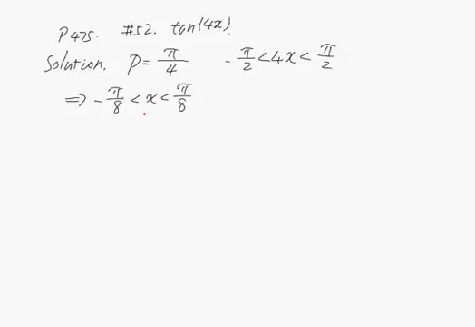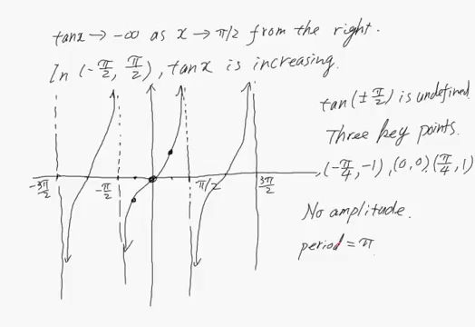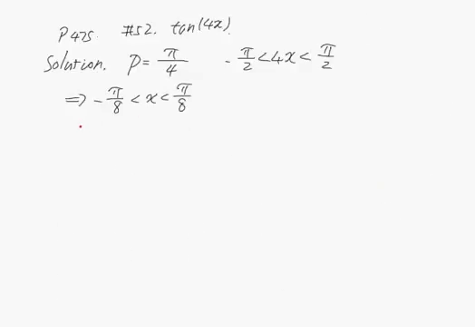Now let's try to find the 3 key points. Okay, so we know the 3 key points are negative pi over 4, negative 1; 0, 0; pi over 4, and 1. So we may just set 4x equal to negative pi over 4. Then we divide both sides by 4.